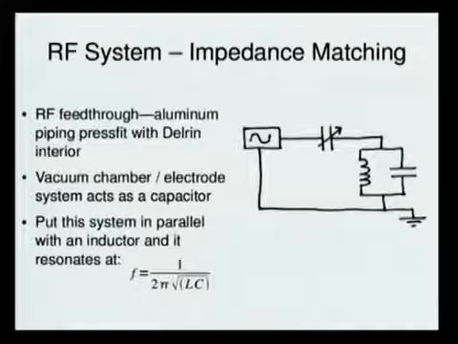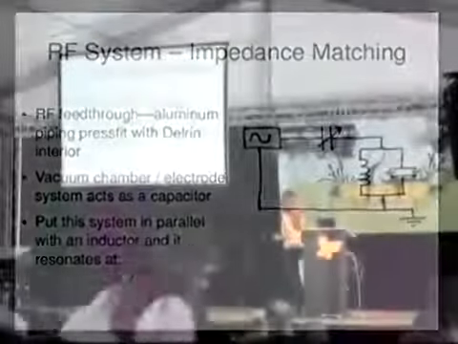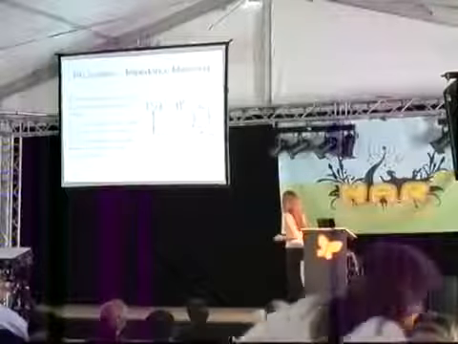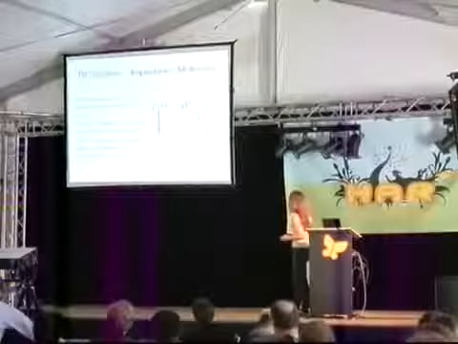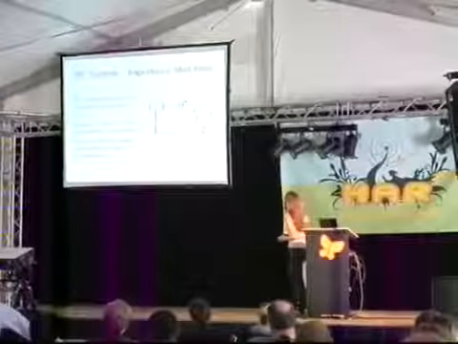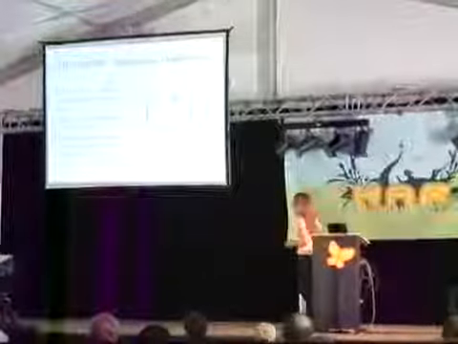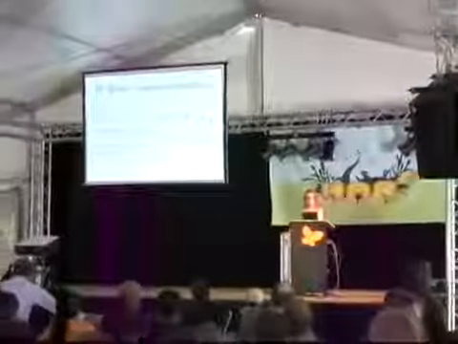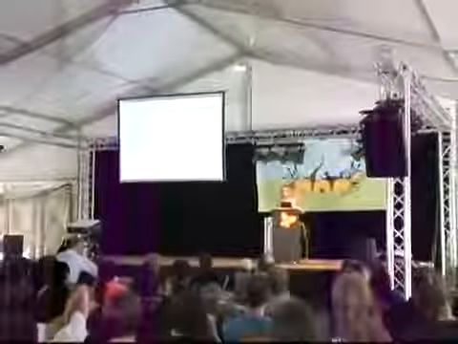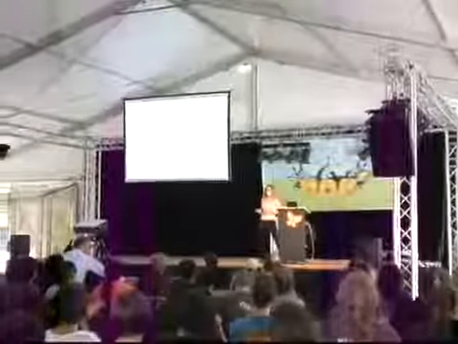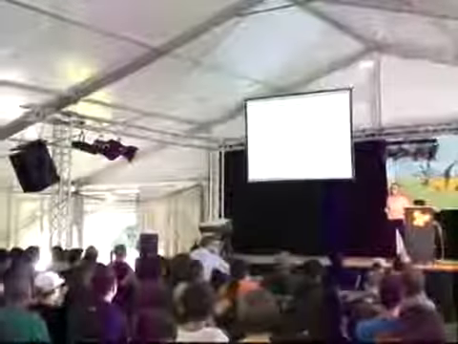So they're in parallel on the circuit diagram. For example, this is your function generator. This is a variable capacitor that we're getting into later. This is your inductor. This is your system capacitor, and that's ground. Now, you have your signal coming out of your function generator at a fixed impedance.